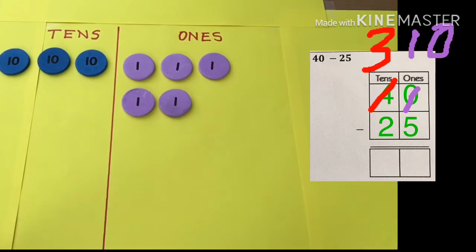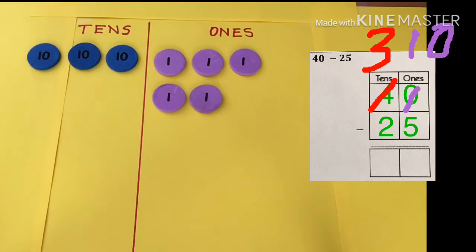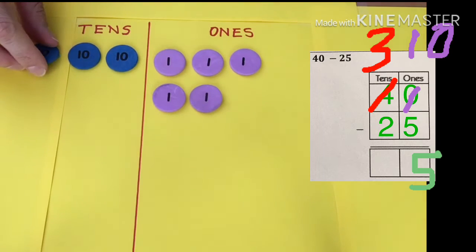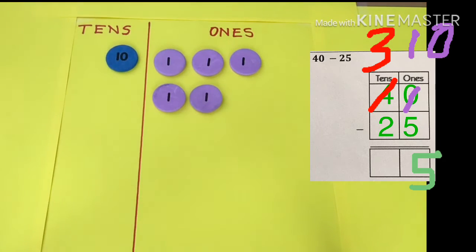I just subtracted 5. 10 minus 5 equals 5, and now I move on to the 10s. I have only 3 10s left, and I have to subtract 2. 3 minus 2, so I'm going to subtract this 2, equals only 1. So the answer is 15.